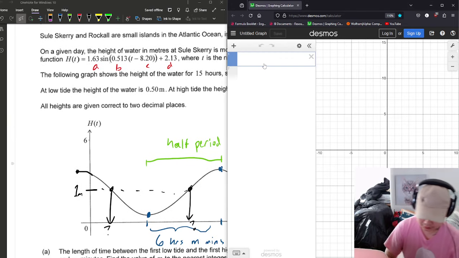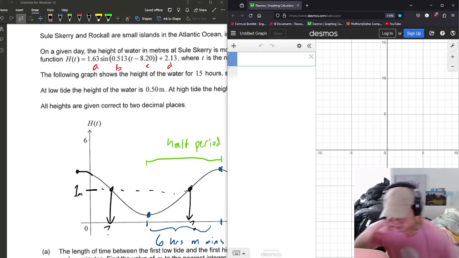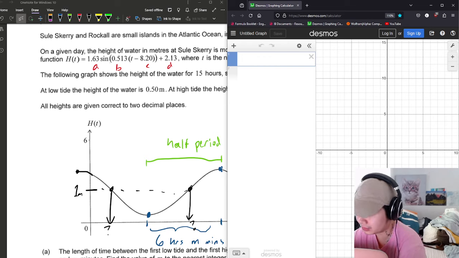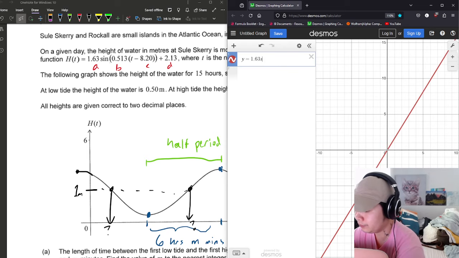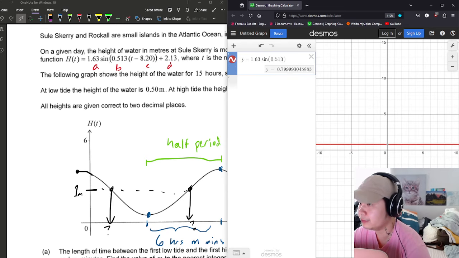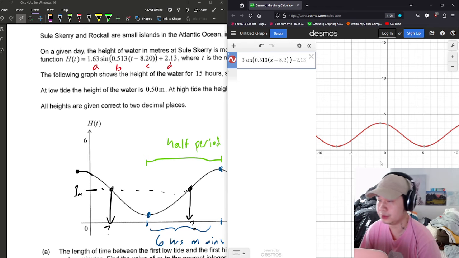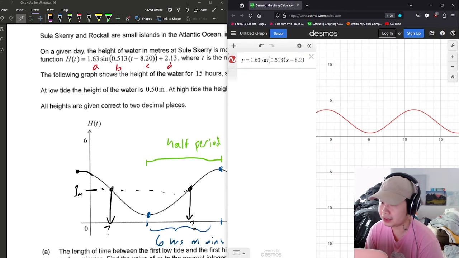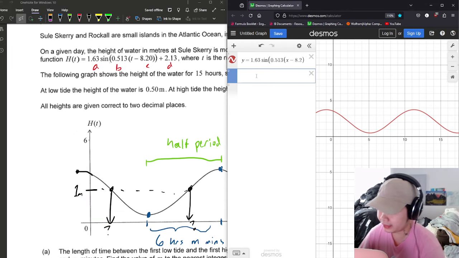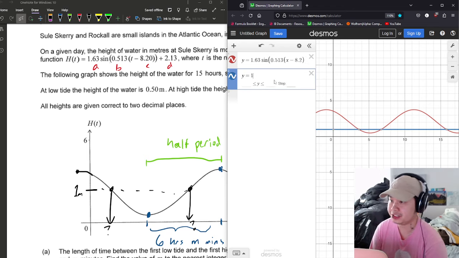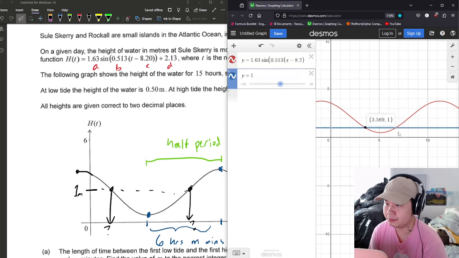So currently, let's call this y equals 1.63 sine(0.513(x minus 8.2)) plus 2.13. So here is our sine wave. And then we're just going to find its intersection with a y value of 1. And then there you go.